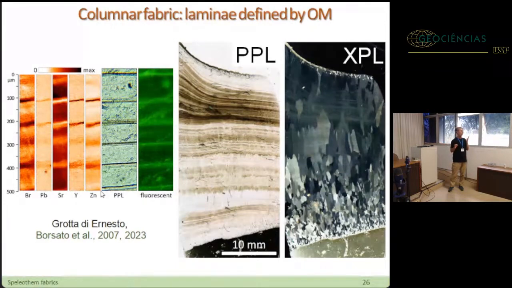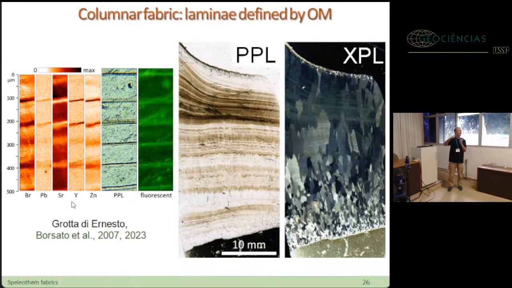These are visible laminae under the thin section, and of course they are also fluorescent, but not all the fluorescent laminae are visible. So the visible laminae are, I would say, a quite rare case, maybe 10% of the speleothems we analyzed. But most of the speleothems are chemically laminated.